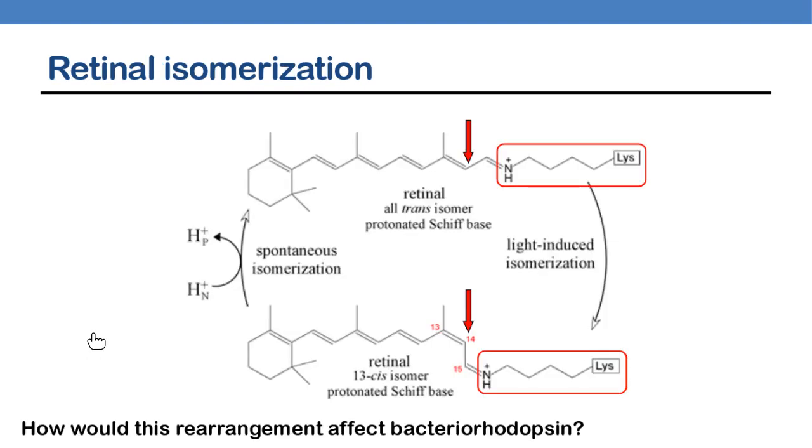If we look at our Schiff base here, which is covalently bound to our lysine, it initially exists in this trans conformation. Upon light activation, you get the conversion to the cis isomer. It's a very subtle change in conformation, going from trans to cis, but this change pulls in the alpha helix attached to that lysine just a little bit.